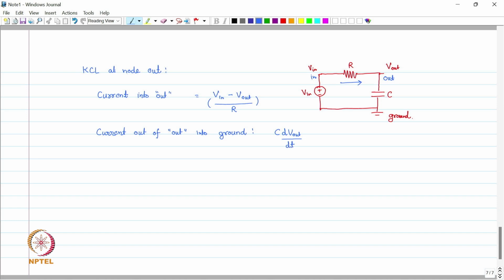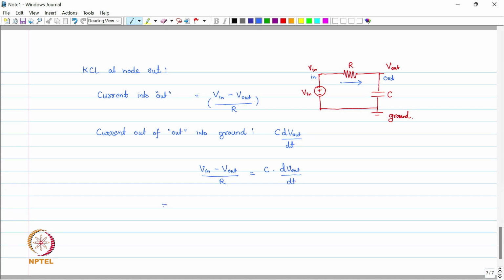And because both of these currents are equal, we can equate them. So we write V in minus V out divided by R equal to C dV out by dt.